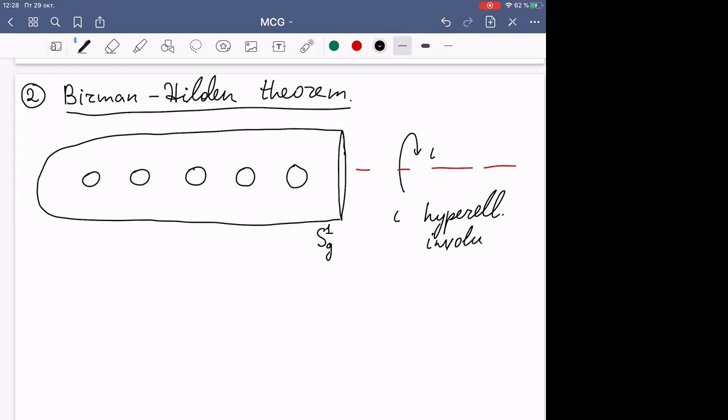Actually, this name comes from algebraic geometry.